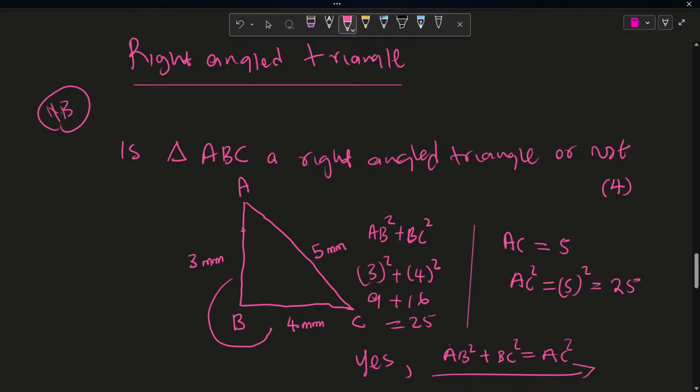Why? Because when you square the longest side, and then when you also square those other sides and add them, they are giving you the same answer. It satisfies the theorem of Pythagoras.